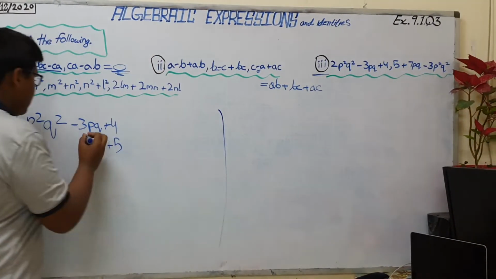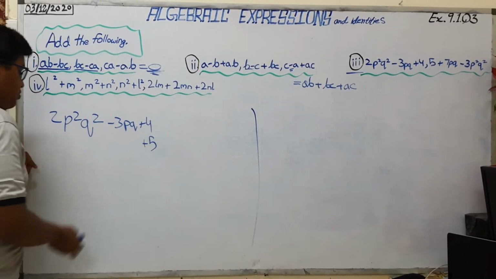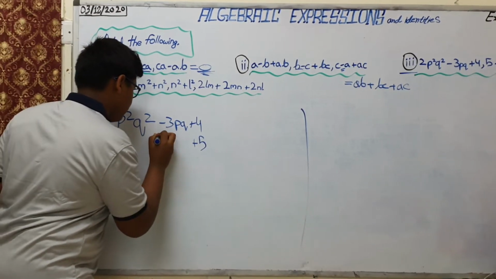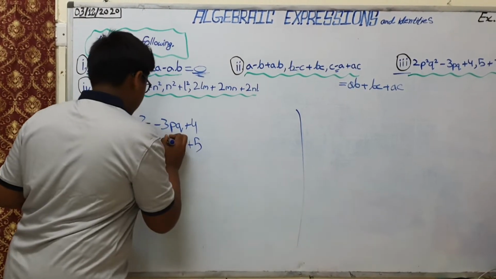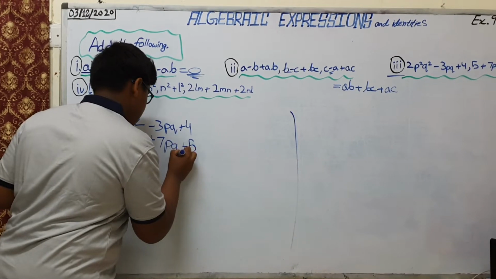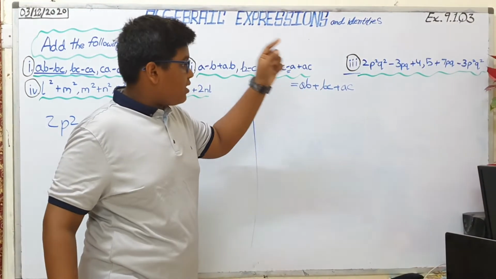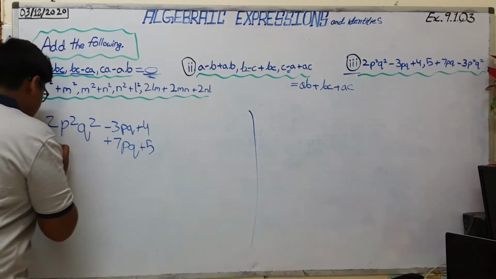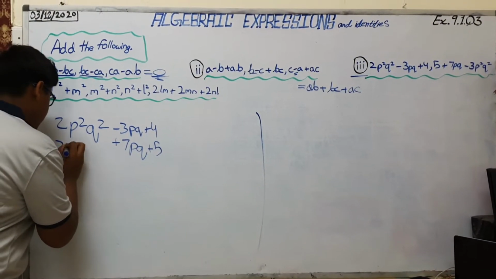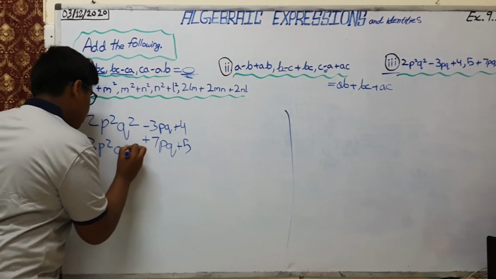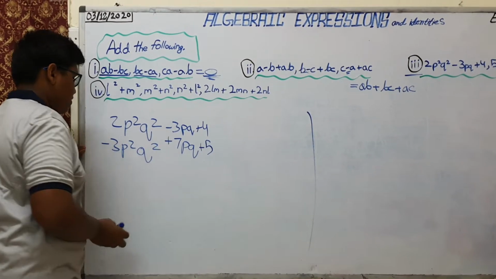So the 7pq is with minus 3pq. So it is positive. So we are going to write here plus 7pq. Then the last one is minus 3p square q square. So we are going to write here minus 3p square and q square. Now we are going to add them.